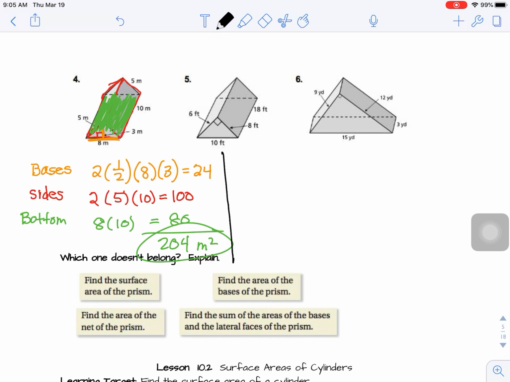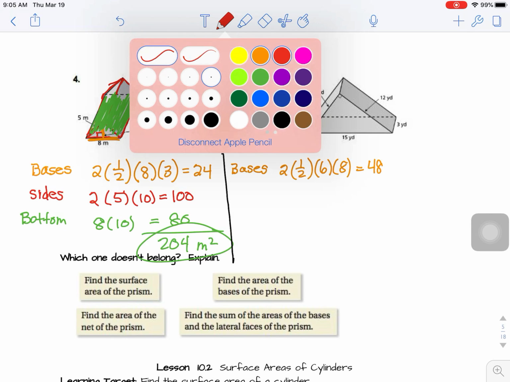Same idea for the next ones. Looking at those bases, those triangles, this one has the right angle here. So my triangle bases, again, there are 2 of them. My formula, 1/2 base times height, which is 6 times 8, which gives me a total of 48.